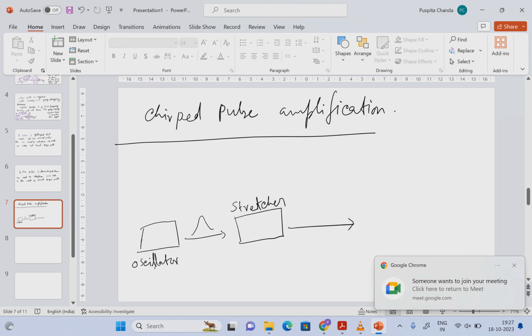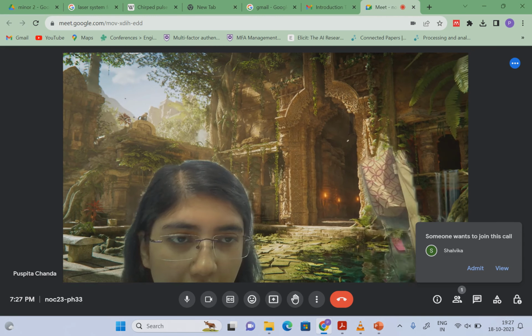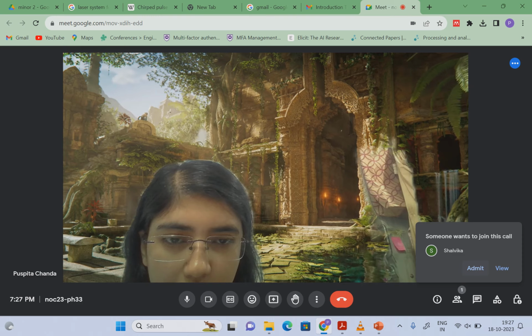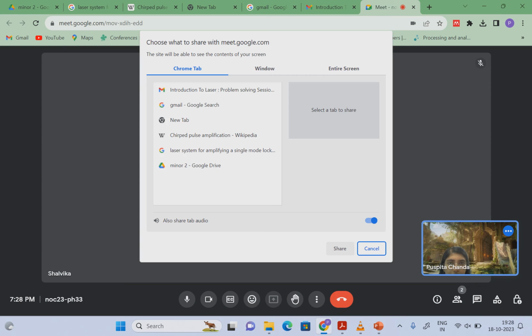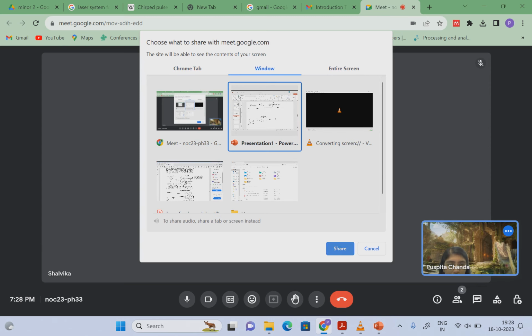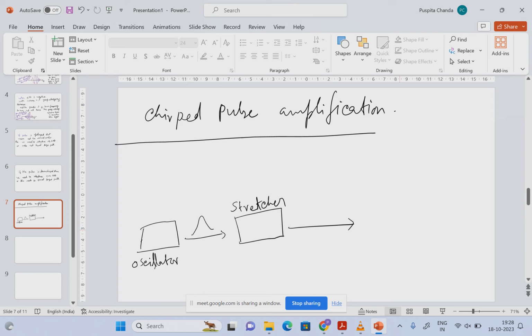So the pulse became stretched, its pulse width became delta t times 10 to the power 5 or 6.